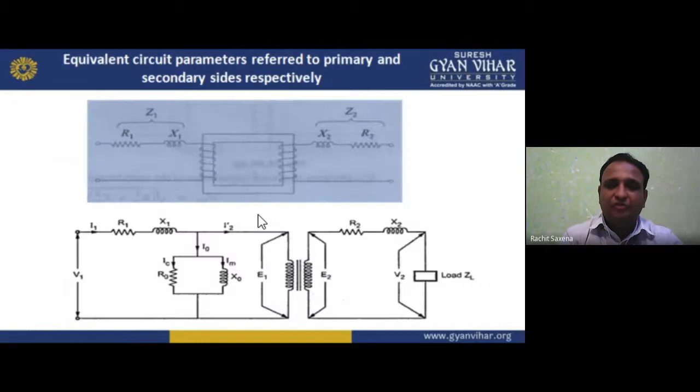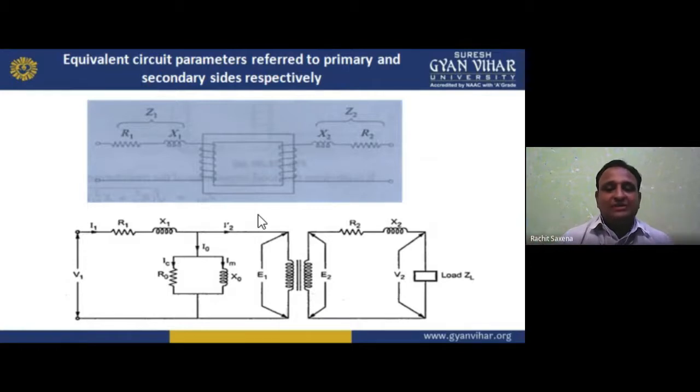Okay, now moving forward: equivalent circuit parameters referred to the primary and secondary sides respectively. Why am I telling you about the equivalent circuit? Because I want to make it equivalent to an electrical circuit. In an electrical circuit we have passive and active elements.